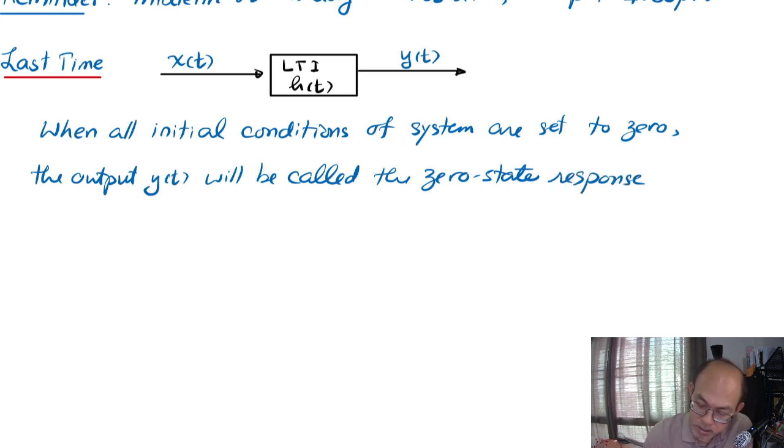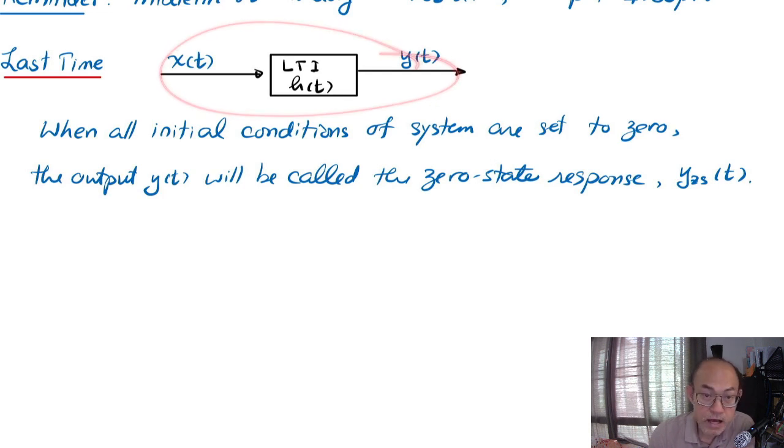And for this, we denote it by y of zs. ZS stands for zero state, and actually we can find the zero state response from the LTI system using this equation.